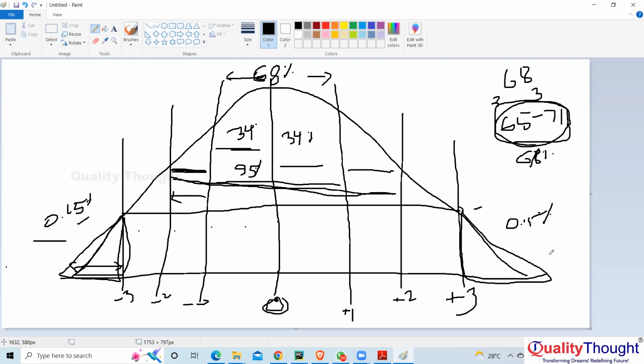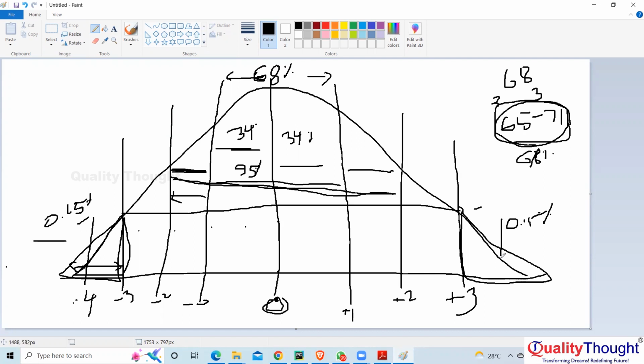Is this 0.15% of data the outliers? We assume it to be outliers. If you want, you can go out to 4 sigma also.